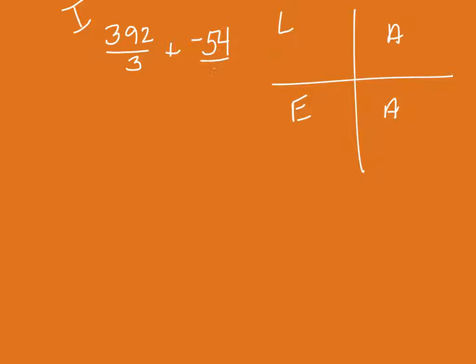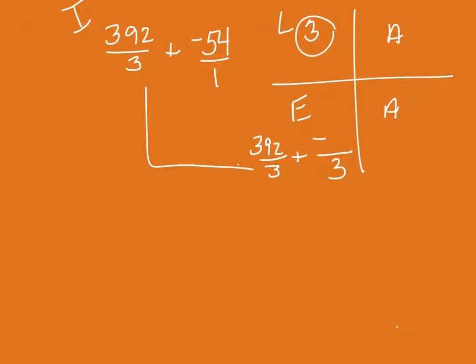The least common multiple of 3 and 1 is 3. So I already have 392 thirds plus some negative number over 3. That stays the same. This changes. 1 times 3 is 3. 54 times 3, or 3 times 50 is 150. 4 times 3 is 12, so that's negative 162.